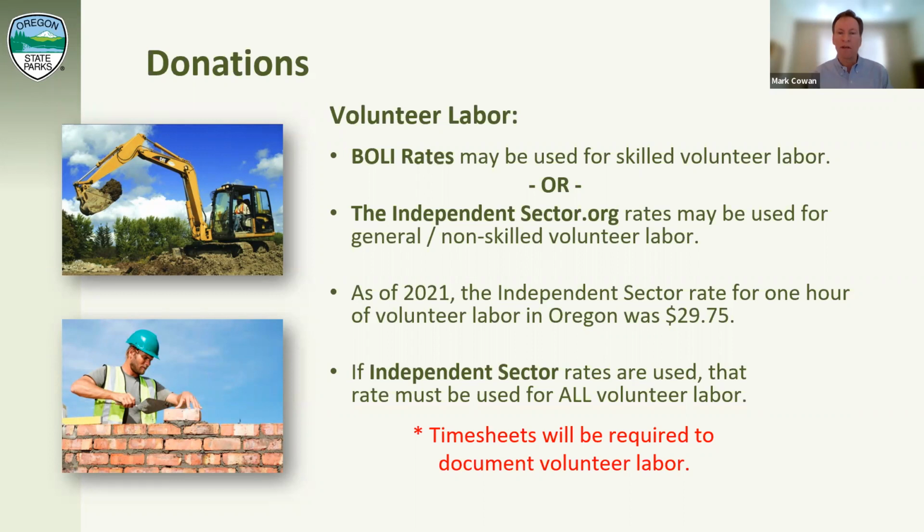And we'd encourage you to go ahead and use what we refer to as the independent sector rate. This is an independent agency that rates the value of a volunteer hour throughout the states. In Oregon in 2021, the latest data that they have published, 1 hour of volunteer labor in Oregon is valued at $29.75. So that is a number that you can use as volunteer labor.